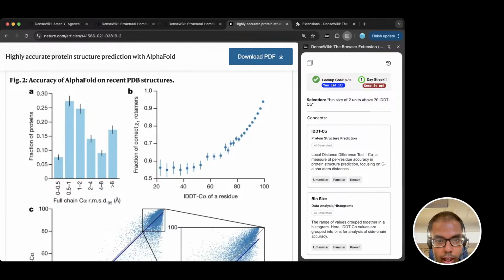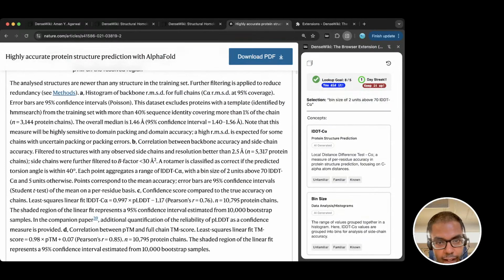So basically, when the accuracy is above 70, and it's 70% because this is a percentage score, right?